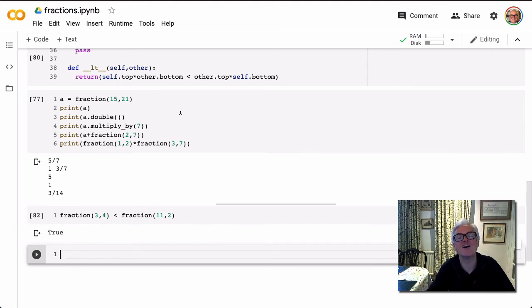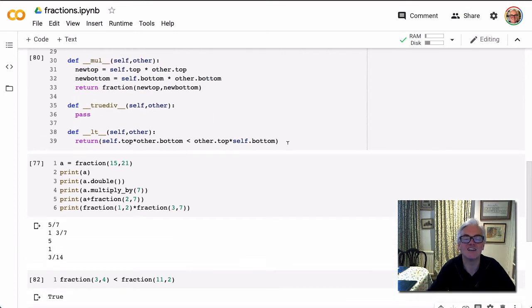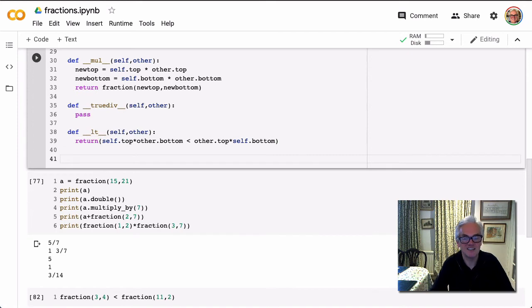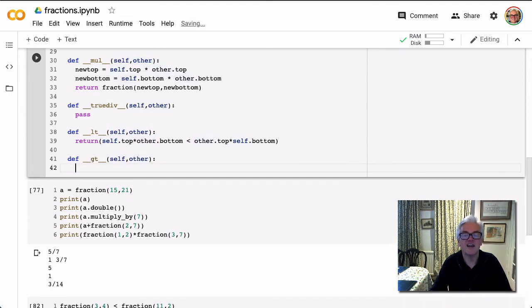So we can now overload the other operators in here. So we've got a less than. I can define a greater than in much the same way. Sorry, missed the bracket. There we go. And I am going to try and remember to copy and paste here.